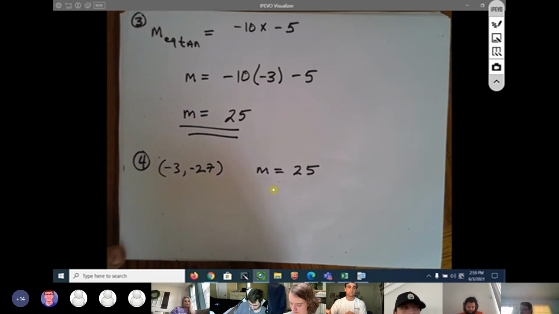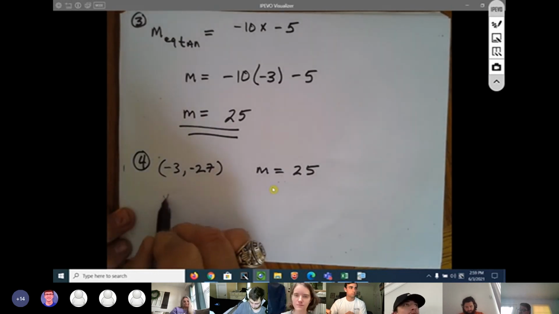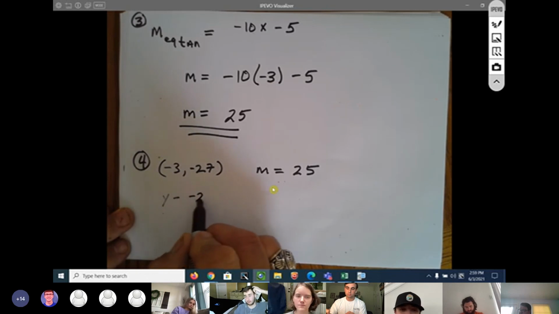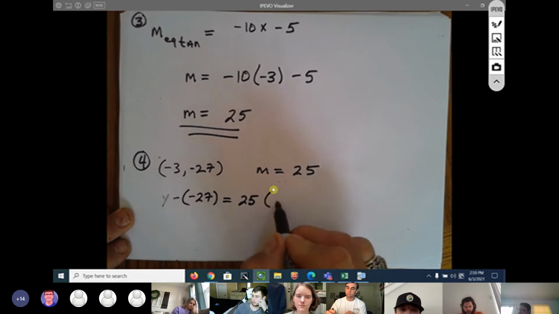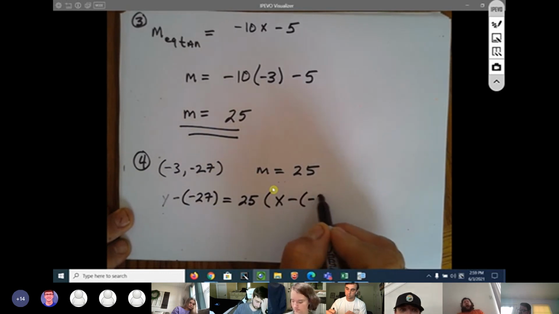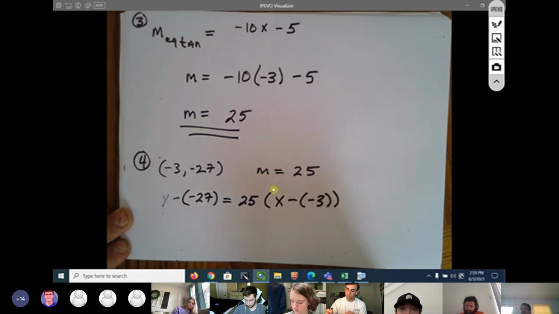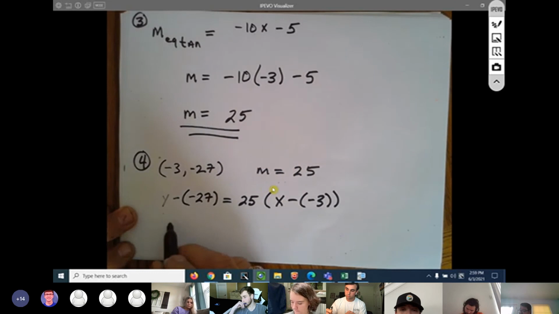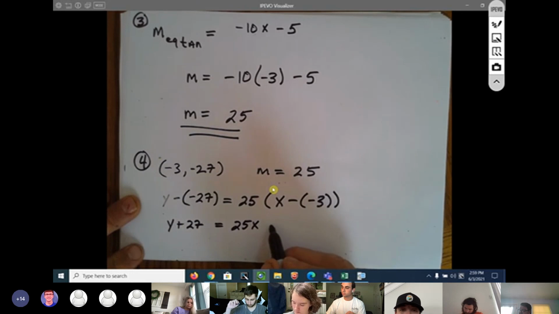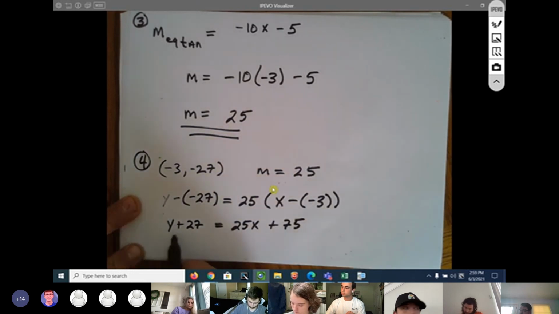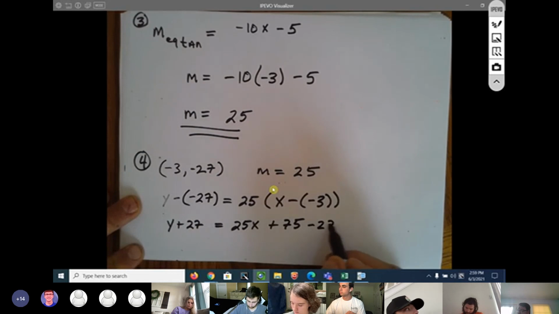All right, so here we go. y minus negative 27 equals 25 times x minus negative 3. Somebody's going to miss this because they didn't use parentheses. y plus 27 is equal to 25x plus 75. And then bring minus 27 over.